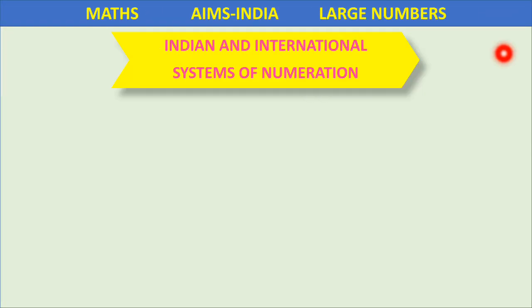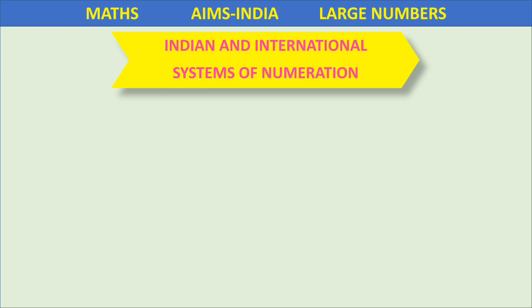Next comes the Indian and international system of numeration. What is the next topic, children? Indian and international systems of numeration. When I say Indian, I am referring to that which we use in India. What is India? India is our country.